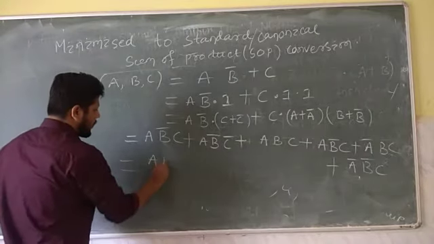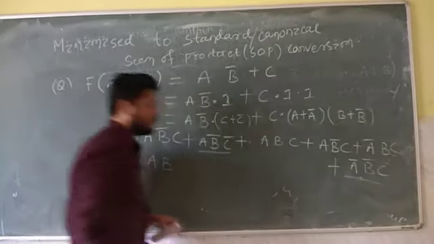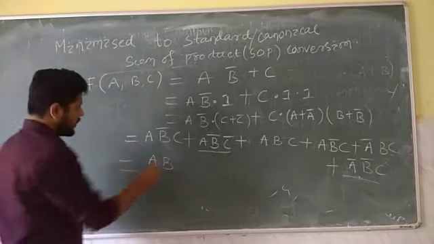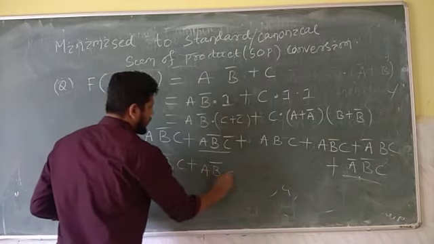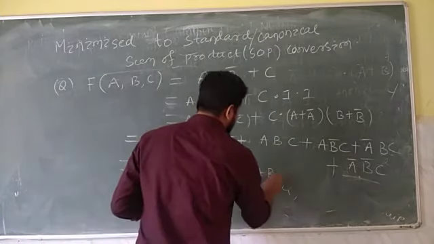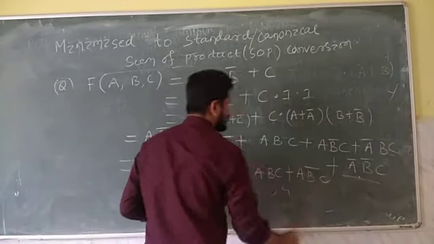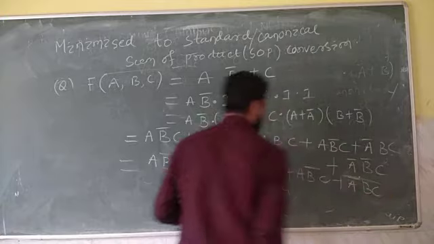Again these two terms are similar, hence you have to write only one time. So A B bar C plus A B bar C bar plus A B C plus A bar B C.